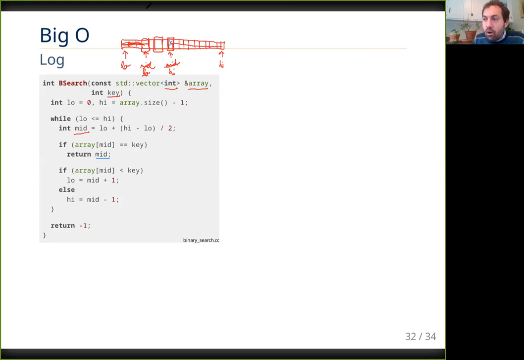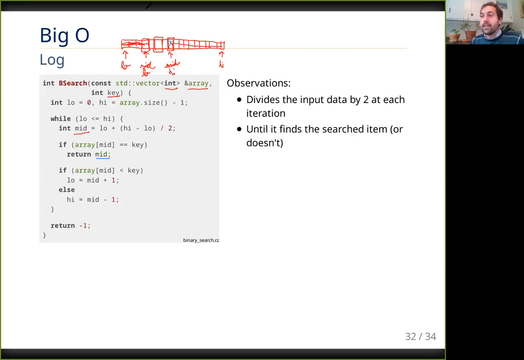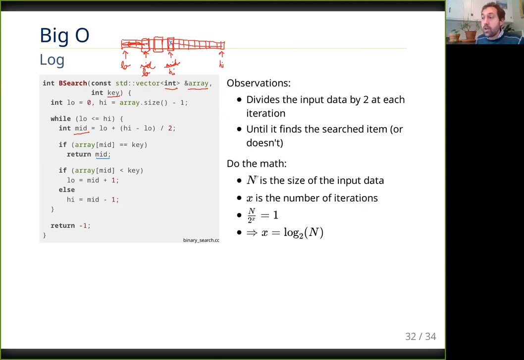And so overall, it means that this complexity is log of n. And the reason is that we start from n being the number of items we have in the array. x is the number of iterations that, worst case scenario, we have to do in order to find the key that we're looking for.